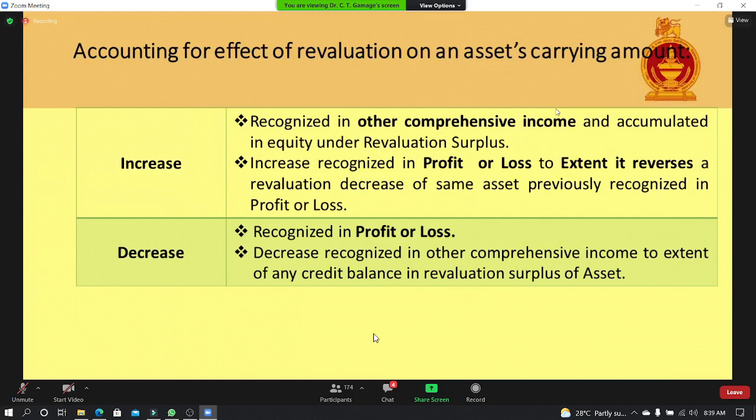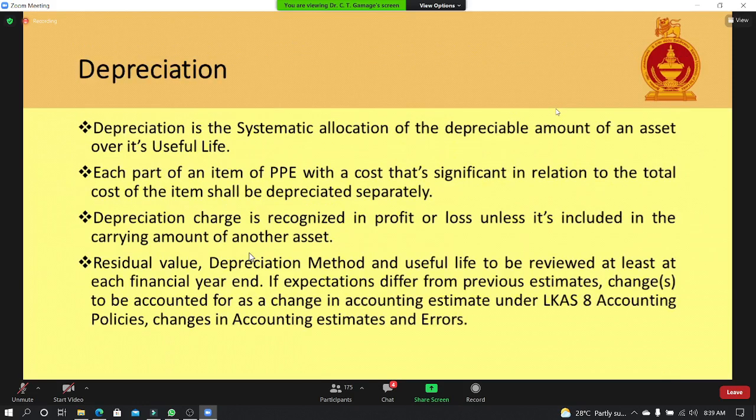Depreciation, we know, is the systematic allocation of the depreciable amount of an asset over its useful life. Each part of an item of PPE with a cost that differs significantly in relation to the total cost of the item shall be depreciated separately.